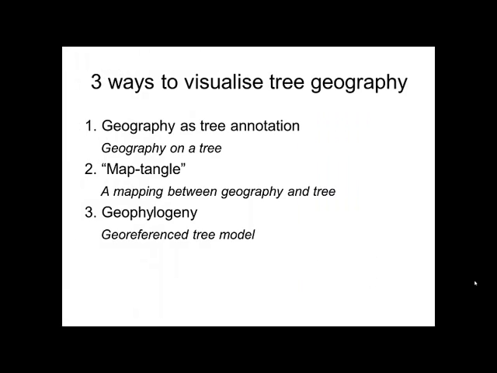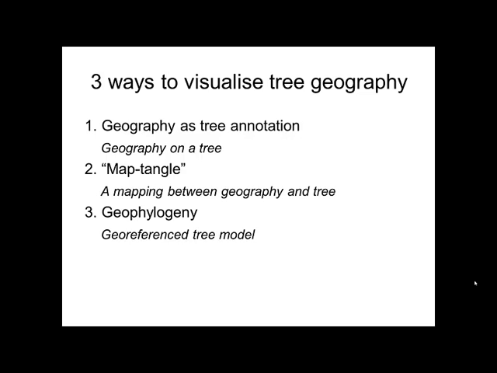Now, there are basically three ways to visualize geography on a tree. So we've got a tree model and we've got geography associated with each of the nodes, the tips of the nodes or the internal nodes of the tree. How can we do it? Well, there are three basic ways. One is we can use the tree and then attach the geography to the tree.